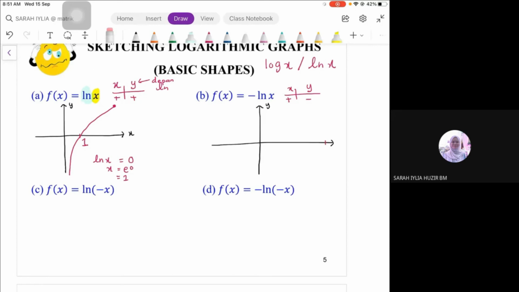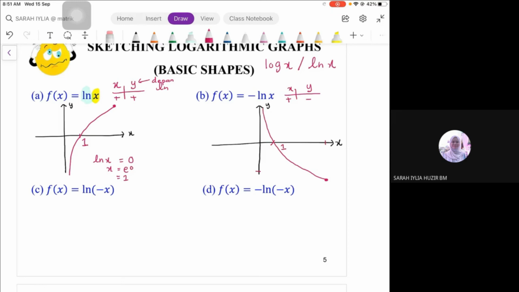Salah label paksi. X positif. Y negatif. So, dia bermula dekat fourth quadrant. Sorry. So, ingat. Fourth quadrant tarik menghampiri paksi Y. Approaching Y-axis. Dia macam nak lukis huruf L lah macam tu sebenarnya. Graph ln ni. So, intercept dia kat tempat yang sama lah. Still 1.